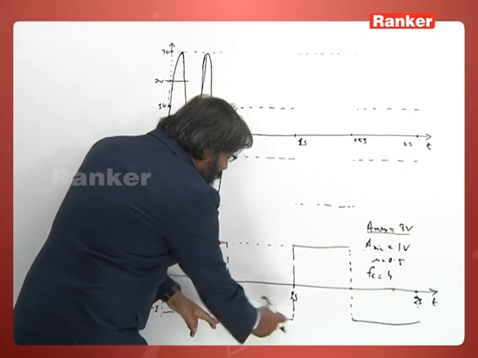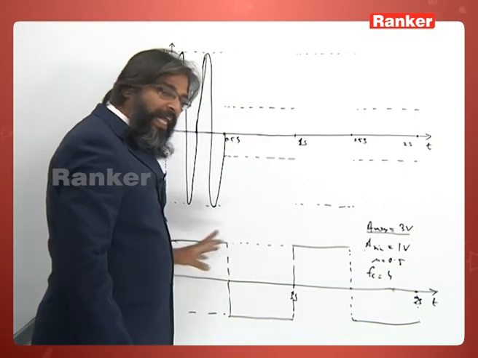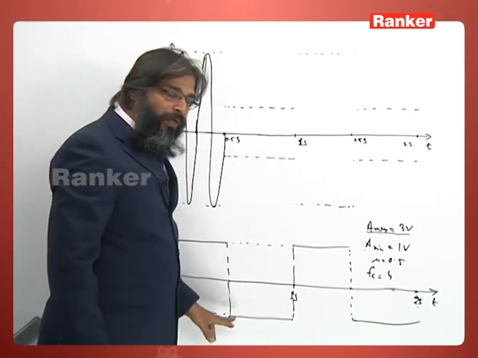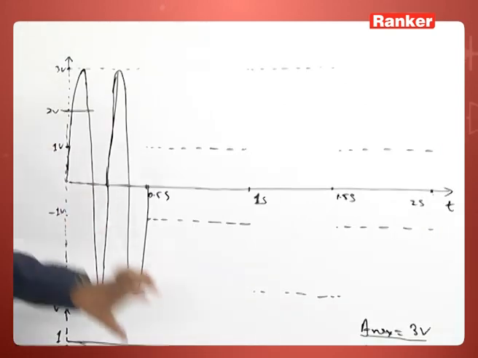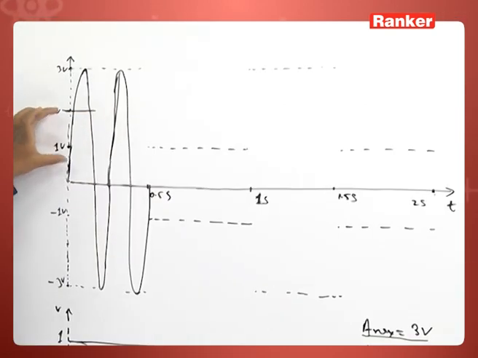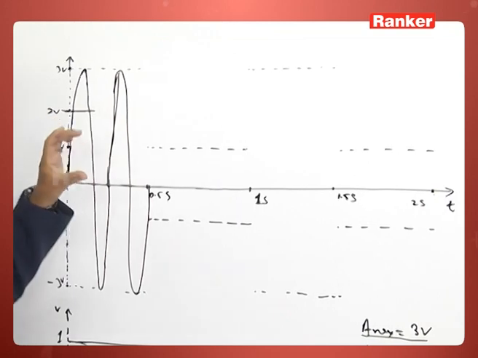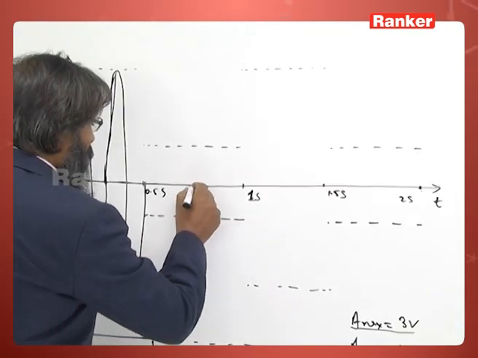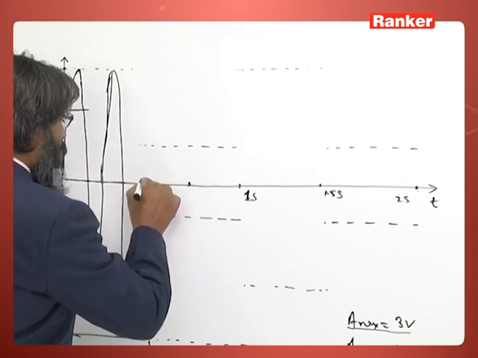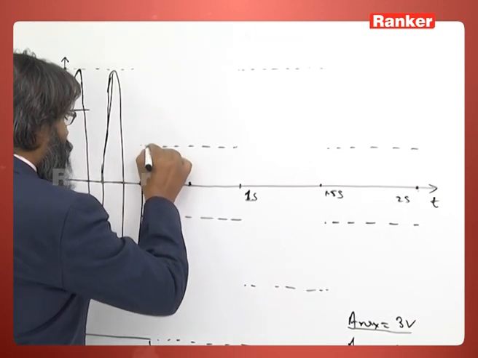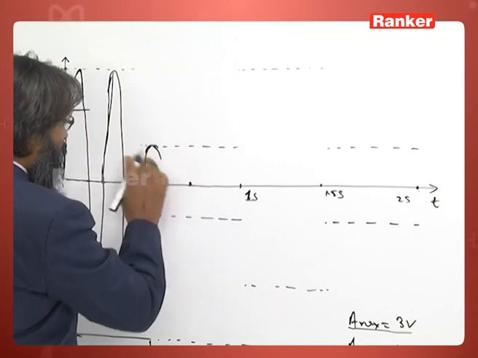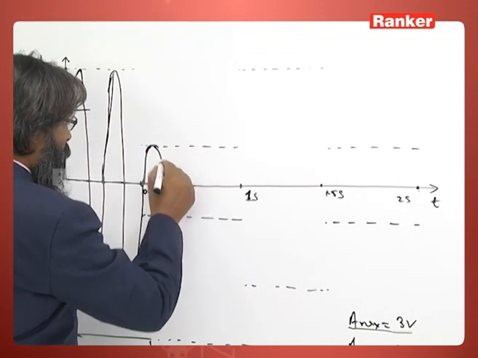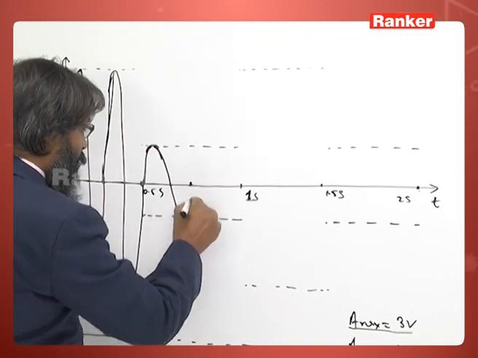Now here my signal voltage is minus 1 volt. So when I superimpose this on this amplitude 2 volt, I get 2 minus 1 is 1 volt. That means it will make 2 complete waves with this amplitude, and you see it goes like this.